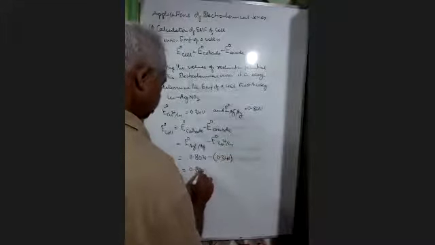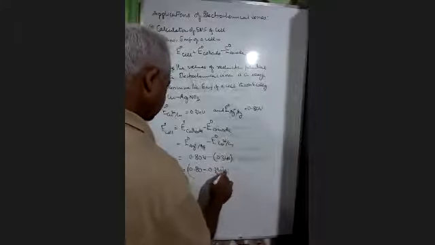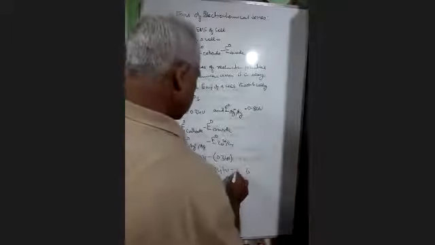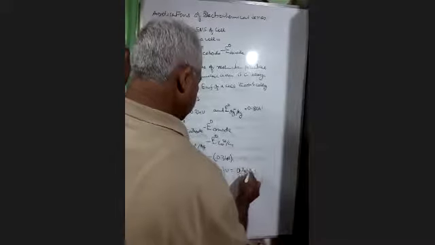See, there is no minus sign here. How much does it come? It is 0.46 volt. So this is the way we can calculate theoretically.